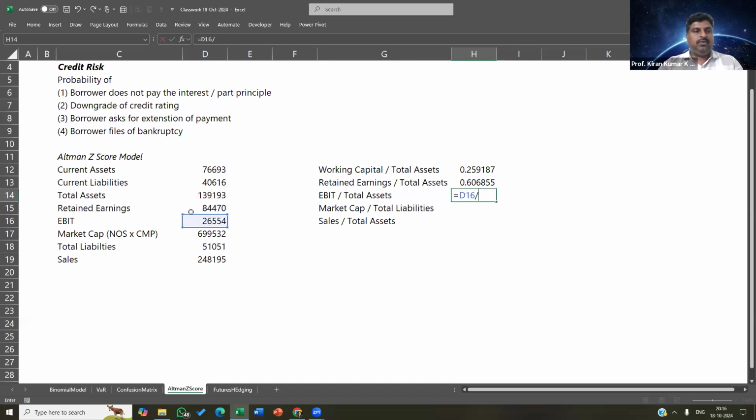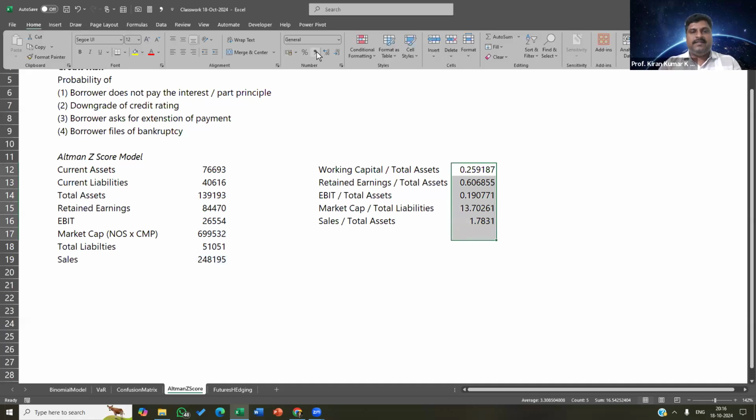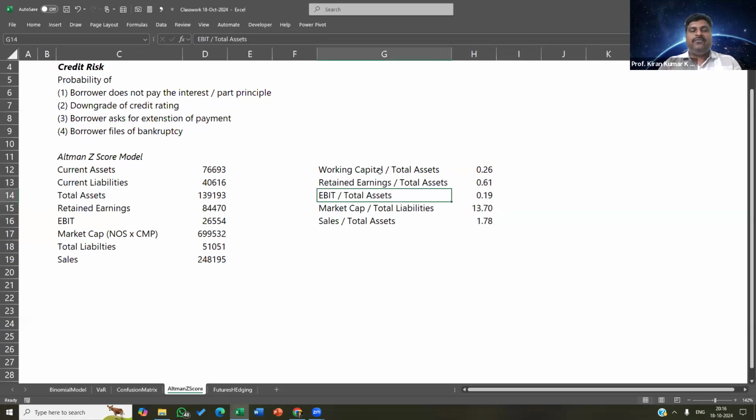EBIT by total assets. All right. Market cap by total liabilities. Sales by total assets. Perfect. Okay. These are the ratios that we have calculated for this company, the ratios that are required for us to compute the Altman Z score.